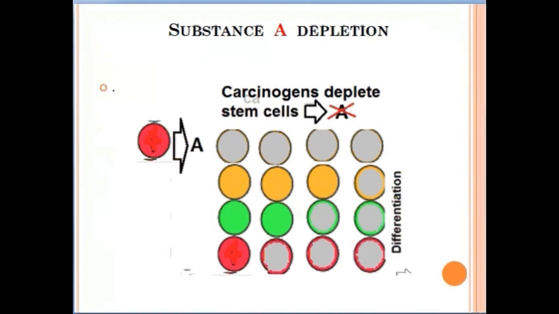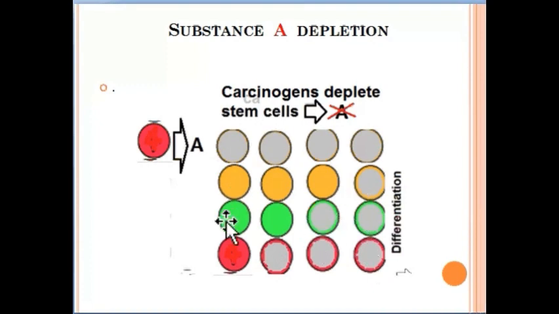According to the hypothesis, stem cells produce substance A, and this substance is depleted because stem cells are dying because of some cause. So here you have a normal unit and that stem cell that dies, and once the stem cells die, they don't produce any new cells.